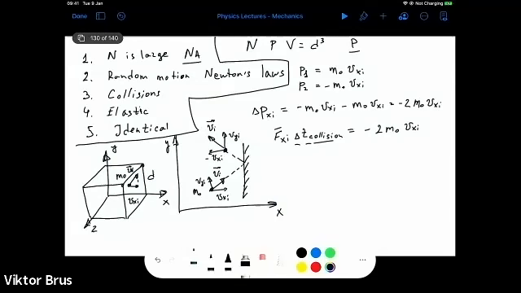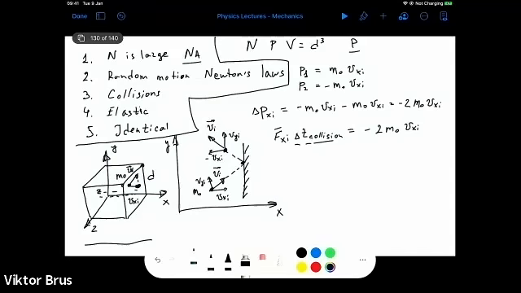So we know that if our molecule just hit this wall, there is some minimum distance along axis x, which this molecule has to travel in order to hit this particular wall again. So if you look here on this figure, it means if it hits the wall here, it has to travel to the opposite wall and then come back in order to hit this side of the container again.